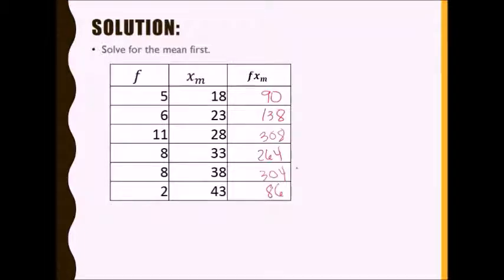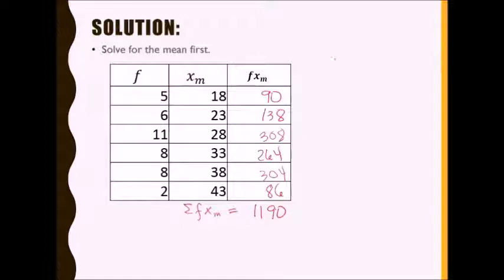So getting the summation of frequency times the class mark, it will be equal to 90 plus 138 plus 308 plus 264 plus 304 plus 86. The resulting number is 1,190.